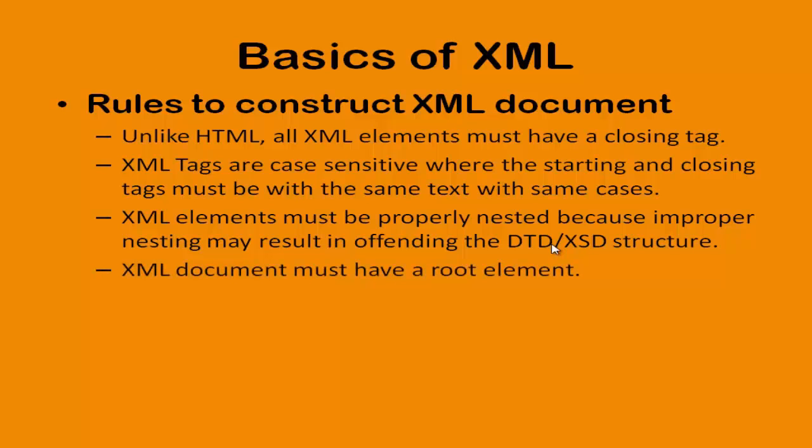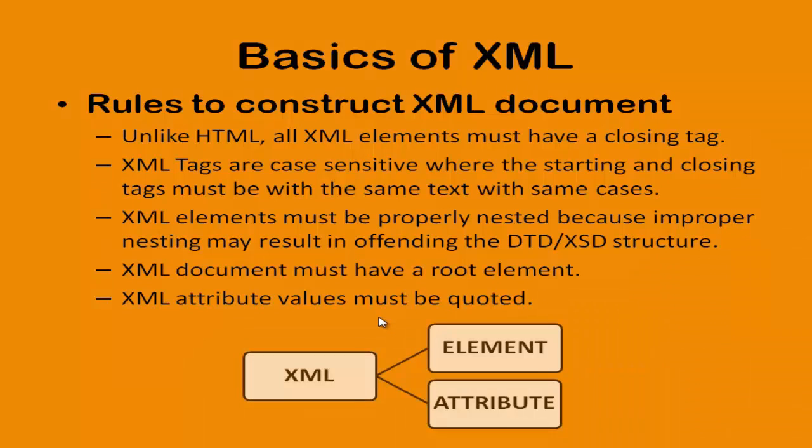XML documents must have a root element. So all XML documents will have a root element, that is a base element. Only based on that base element, all other elements will come inside it. And remember, XML elements may have attributes, and these attributes are quoted within double quotes. So our XML can be divided into two particular sections, that is the element and the attribute.